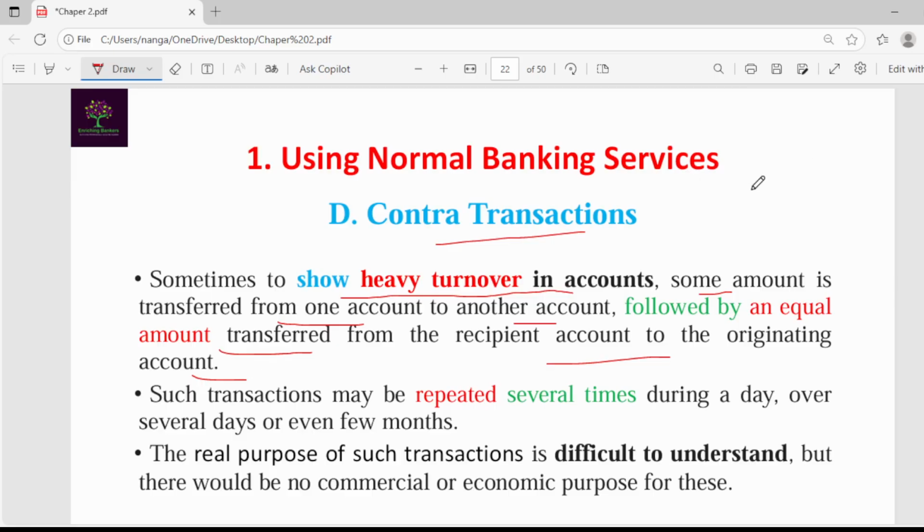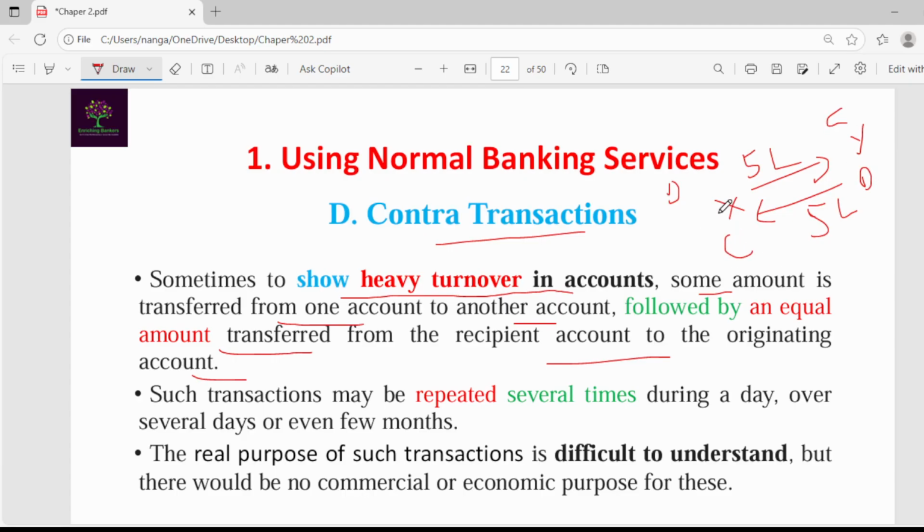For example, 5 lakhs is transferred from X account to Y account. Immediately, the same 5 lakhs is transferred from Y account to X. So here debit, here credit, again here debit, and again here credit.